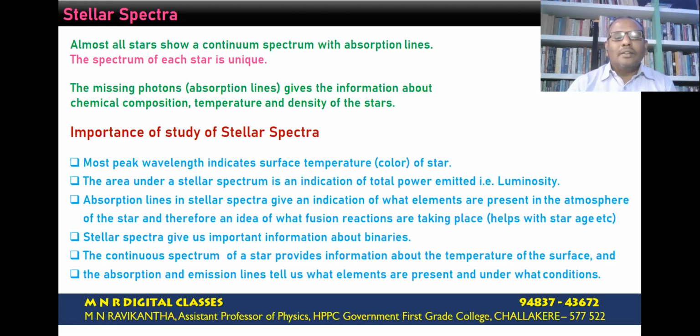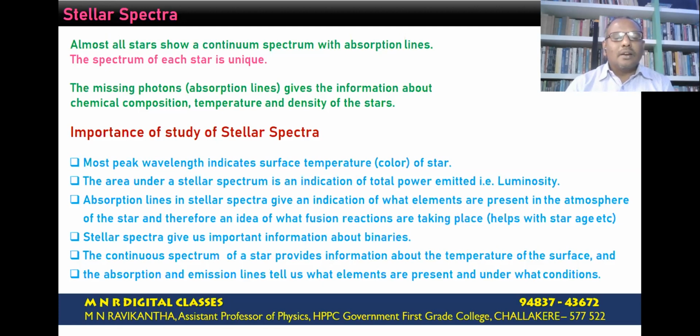The absorption lines in the stellar spectra give an indication of what elements are present in the atmosphere of the star, and therefore an idea about what type of fusion reactions are taking place inside the core, and hence it also gives us an idea regarding the age of the star.